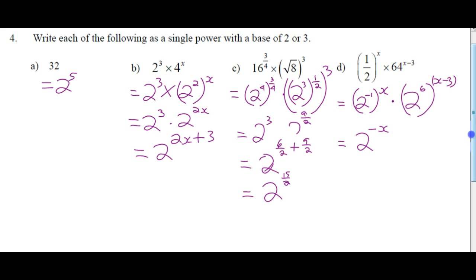And we've got 2, so this will be times 2 to the what? Let's break it down. So let's just go 6 times x minus 3. So 2 to the negative x times 2, what's that work out to? 6x minus 18, right?